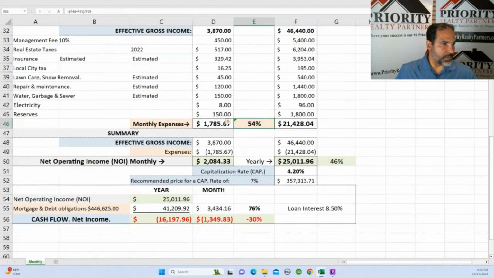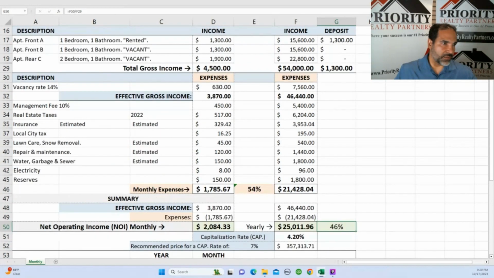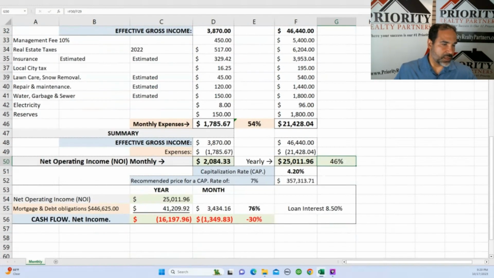Now, with my net operating income at the new number, $25,011.96, that represents 46% of the gross income. Number two, my capitalization rate is 4.20.